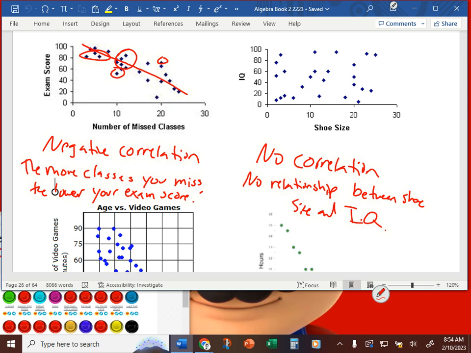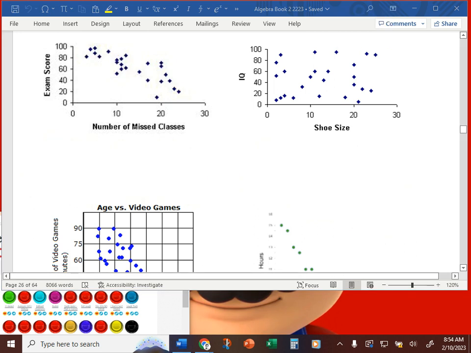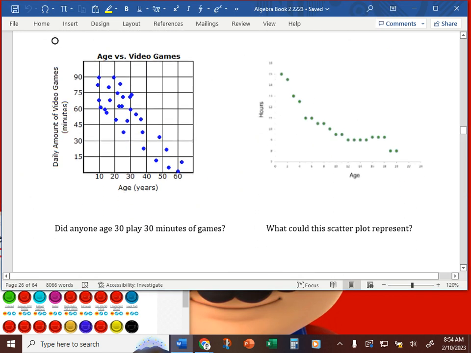All right, next couple here. Age versus video games. Our x-axis is age, and our y-axis is daily amount of video games in minutes. Just kind of take a look at this. Draw your line of best fit.